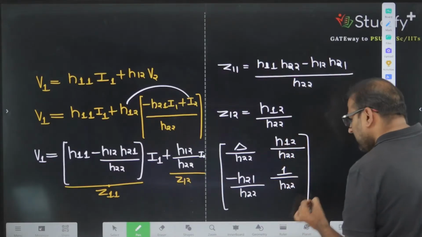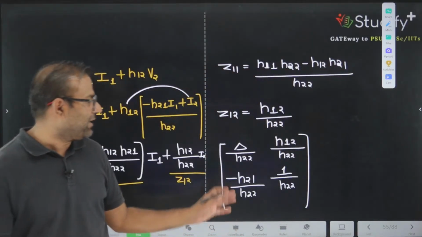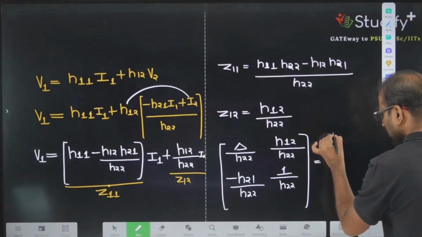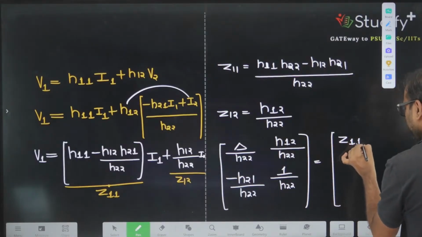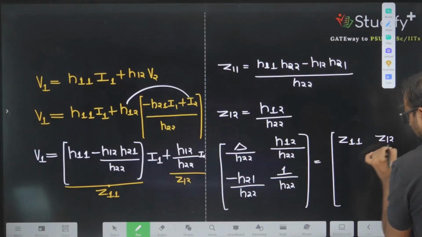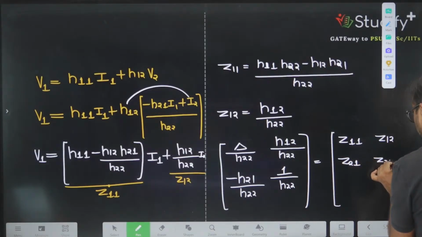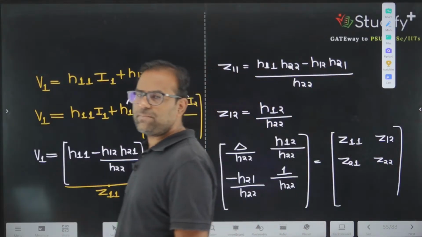So H parameter can be converted into Z parameter if you rearrange the values in this form, and this value is equivalent to the Z parameter: Z11, Z12, Z21 and Z22. Correct?